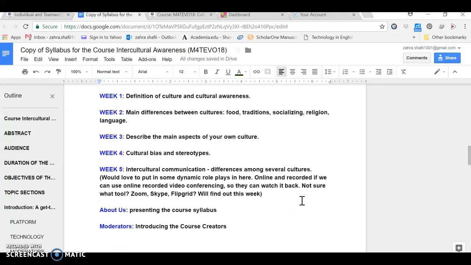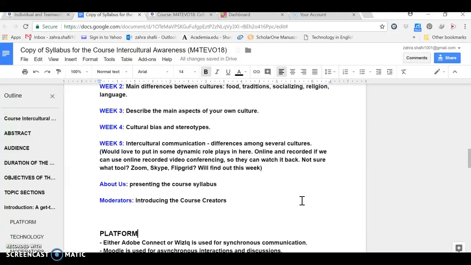Then in week 2, main differences between cultures. Week 3 describes the main aspects of our own culture. In week 4, cultural biases and stereotypes are going to be discussed, and intercultural communication differences among several cultures are the focus of week 5.